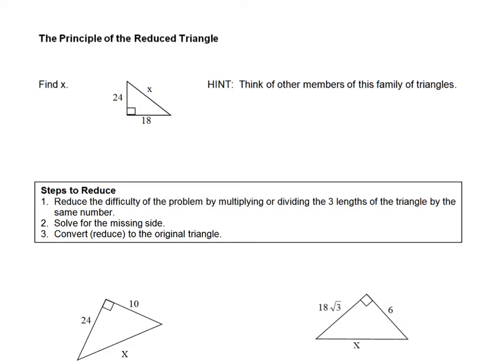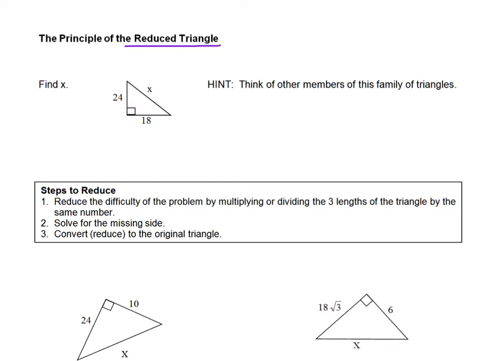All right, so knowing that Pythagorean triples exist, you can apply that to finding missing sides of right triangles. And this is called the principle of the reduced triangle. So, for example, this says to find x, we've got a right triangle, 24, 18, and x.